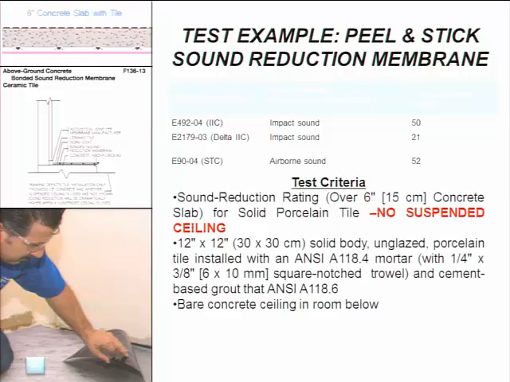So those are how you would see many membranes reporting their test results, but it's critical that you look at their information or even ask for their test report to validate what tile was used, what substrate was used, what was the thickness of it, was there a ceiling assembly included, and look at the test report to see how it was installed, to see if it is installed the way that you're going to install it.